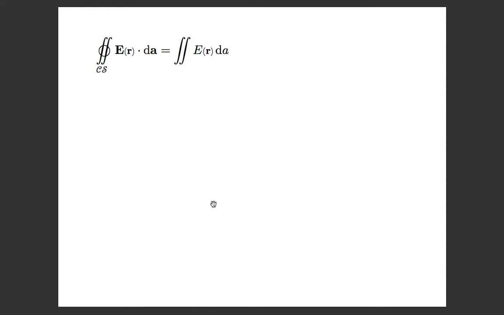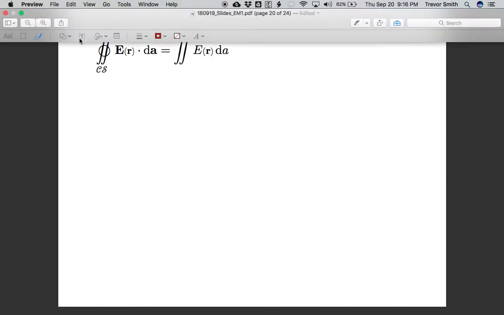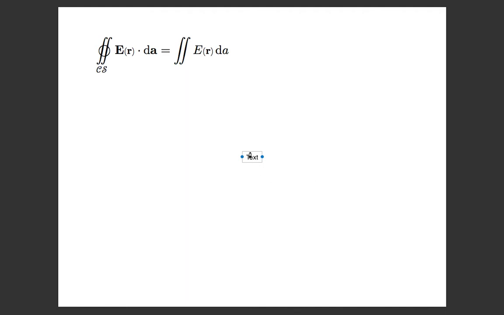If you remember, one way of writing a dot product is, if we had an A vector dotted with B vector, that would equal the magnitude of A times the magnitude of B times the sine of some angle between those two vectors.